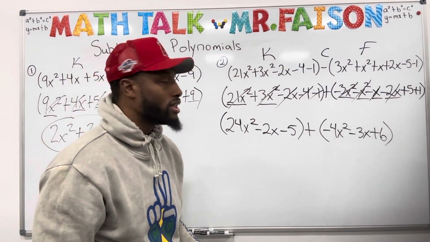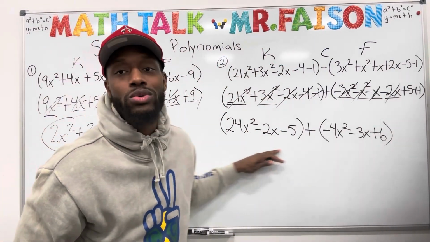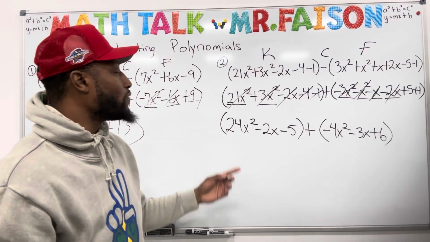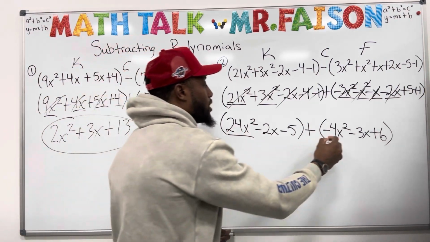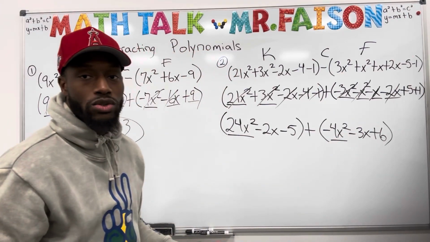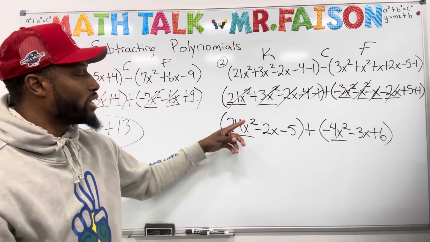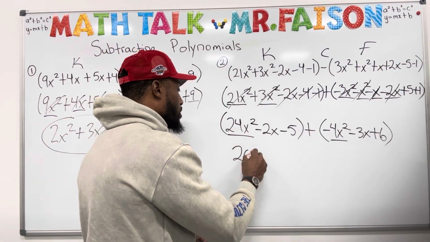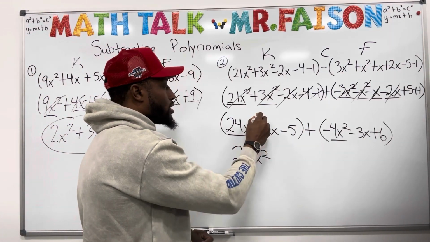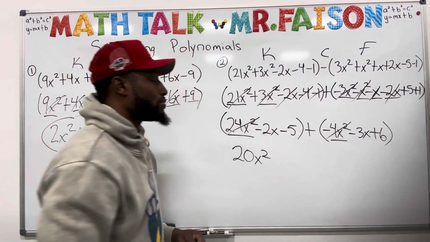Now what I wanna do is, I wanna combine like terms throughout this whole thing. So if I look first, I see I have an x squared right here, 24x squared, and I have a negative 4x squared. If I combine those two, 24x squared plus negative 4x squared, that's gonna give me 20x squared. Can mark that out, can mark that out.